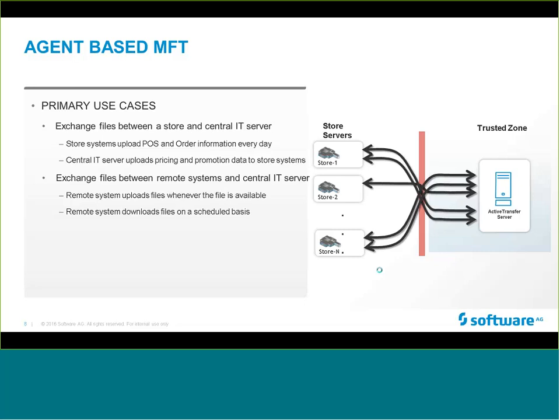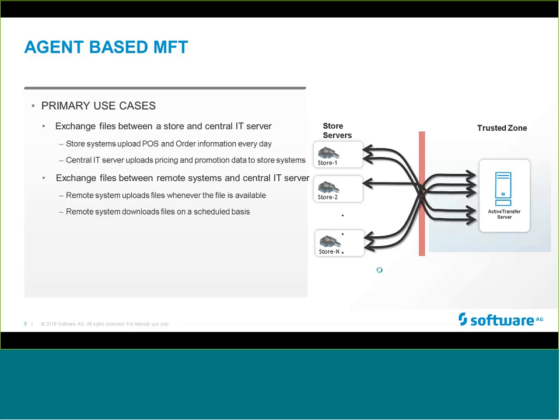So there is a back and forth exchange of information, typically through files, between these remote systems, whether stores or distributed warehouses, and the central IT infrastructure. And that is where this agent capability comes in.